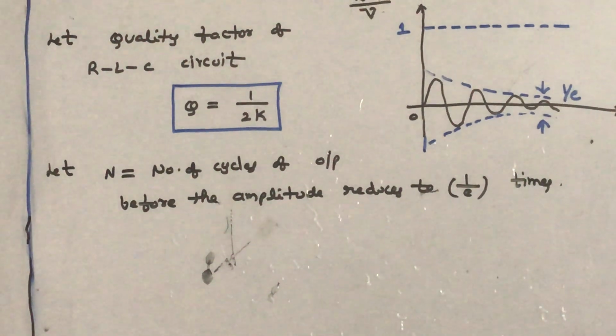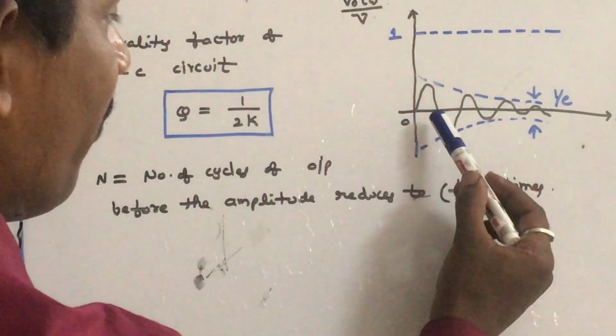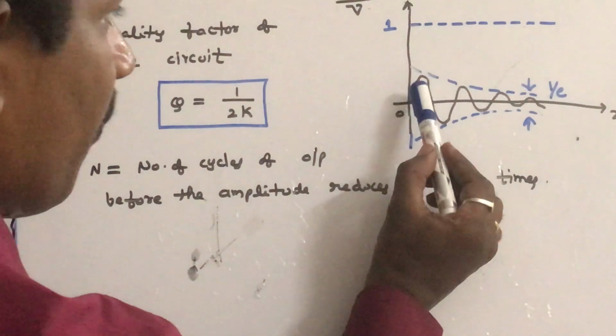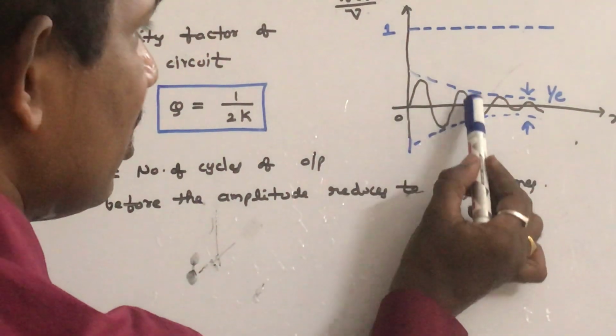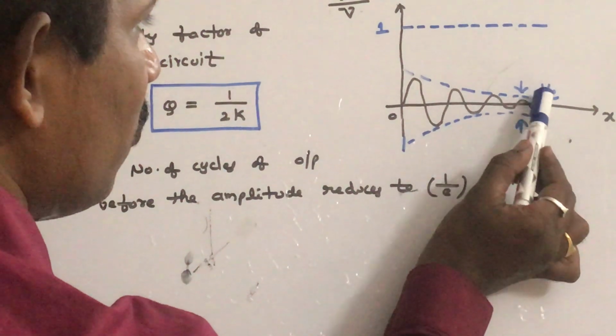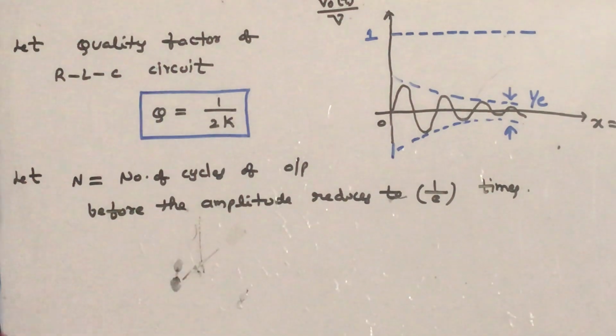So N here is the number of cycles before the amplitude reduces to 1 by e times. Suppose this is 1 cycle, this is 2 cycles, this is 3 cycles. After that, the amplitude reduces to 1 by e. So for example, N is equal to 3 in this case.